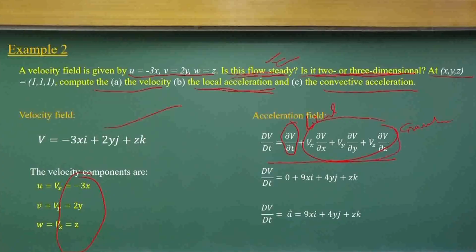So, what we get is the convective acceleration. That is what we solve for. Similarly, if the velocity does not vary in the x, y, z directions, these gradients are all zero, and my convective acceleration should be 0.